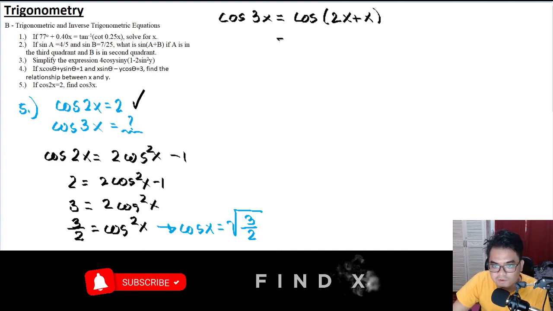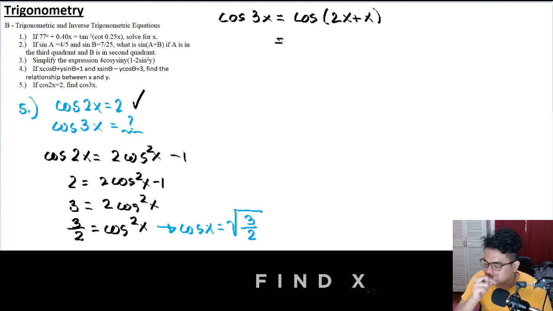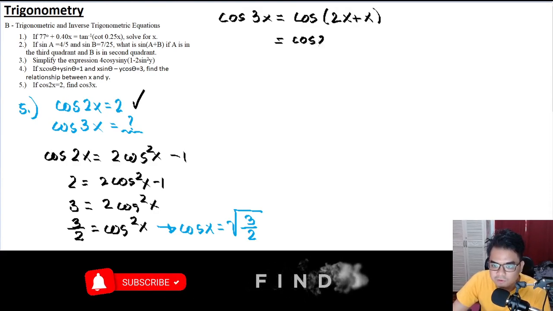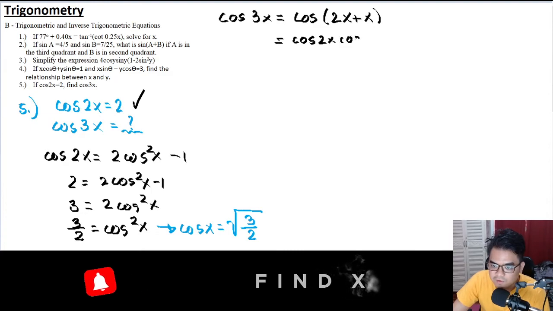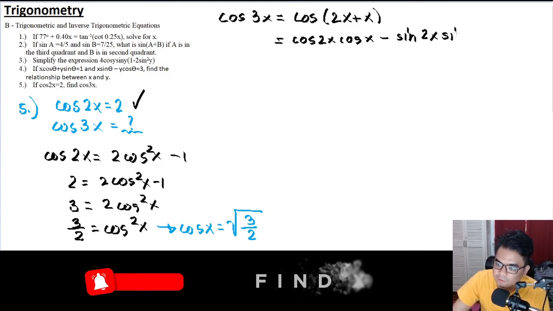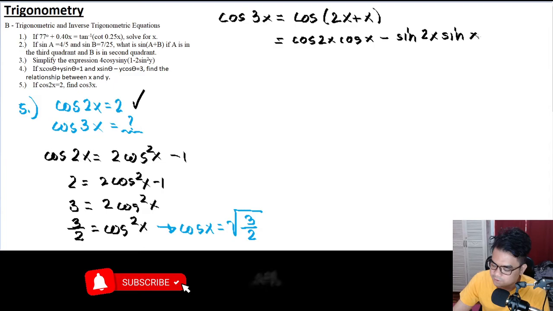And then using the sum and difference identity of the cosine, you'll have cosine 2x times cosine x, minus sine 2x times sine x, right?